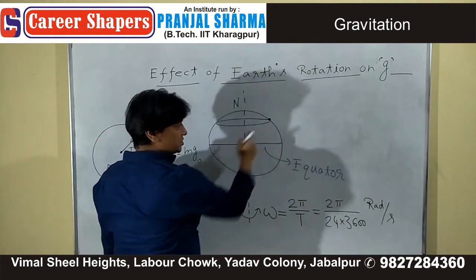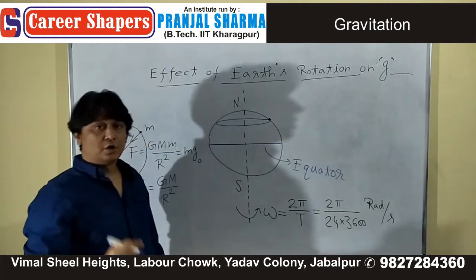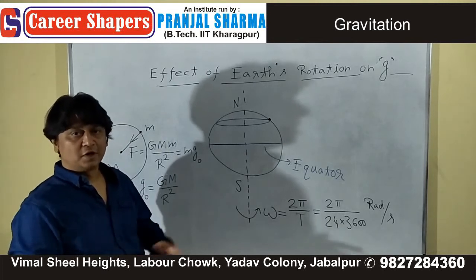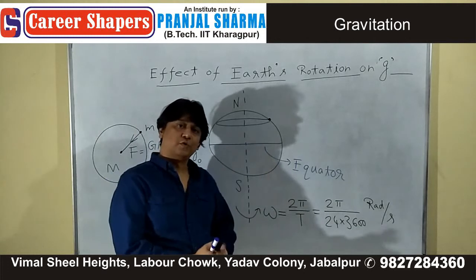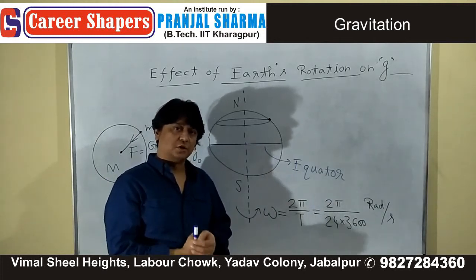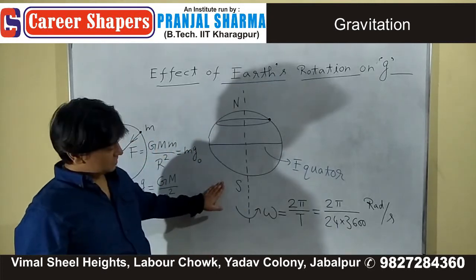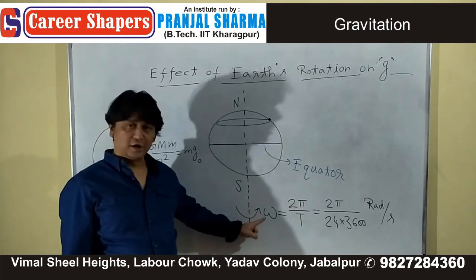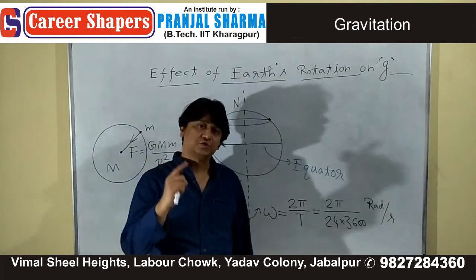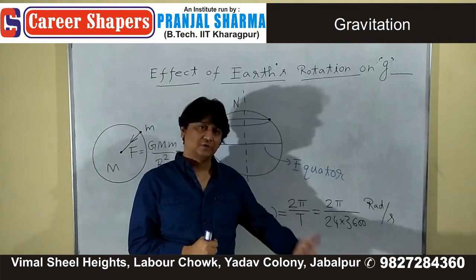Somebody who is present at this point is a non-inertial observer. What is a non-inertial observer? It's coming from pseudo force. An observer who has some acceleration is called a non-inertial observer. Now, since Earth is rotating with angular velocity omega, anything which rotates with omega must have centripetal acceleration.